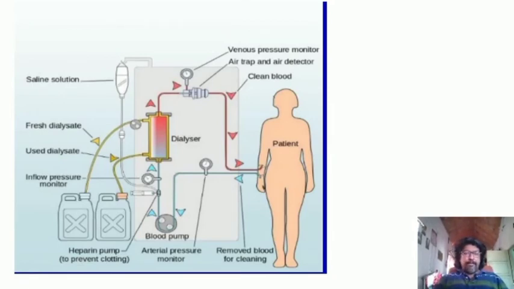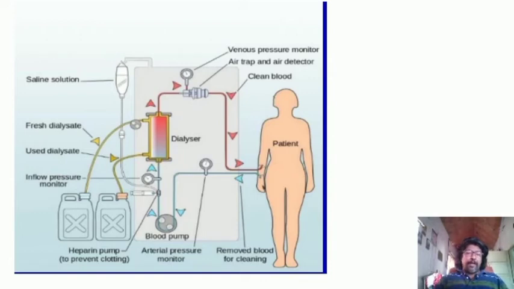Here you can have a practical setup of any dialyzing machine. You can see a saline solution. The purpose of saline solution, I leave it to you for assignment, and this is assignment question 1, right? What is the purpose of the saline solution? I have discussed in the class, so just go through it. And there is a fresh dialysate which we mix through the actually impure blood, and there is a heparin pump.